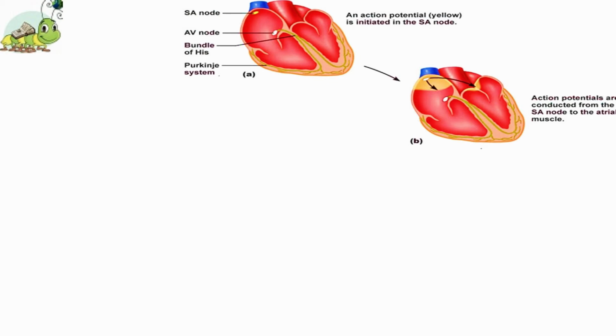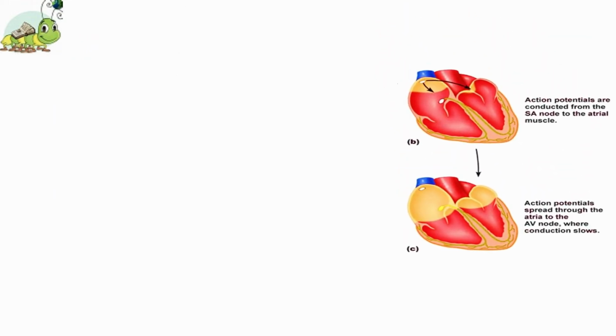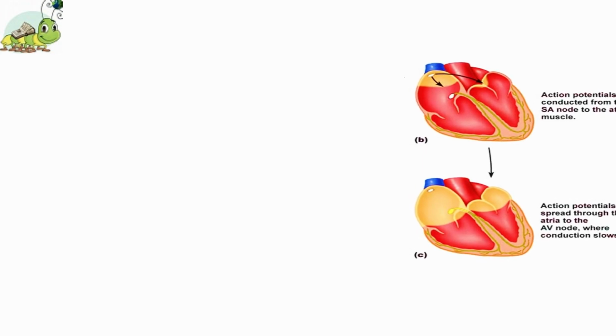Then how does the spread of excitation occur? The action potential is initiated at the SA node and spreads as a wave through the atrial muscle. When the impulse reaches the AV node, there is a delay before the AV node fires. This gives the atria time to squeeze blood into the ventricles before they fire.